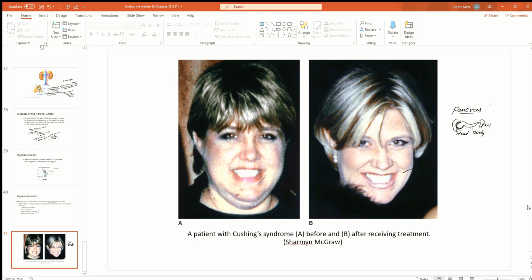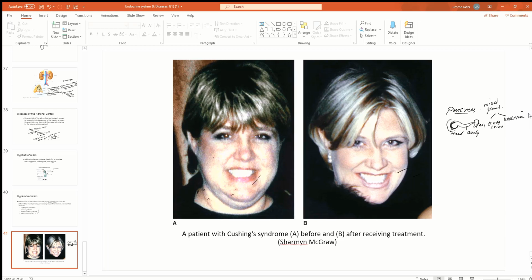Now pancreas is a mixed type gland, mixed gland. Why? Because it has both endocrine and exocrine parts. So it has both types of glands inside. Endocrine part of pancreas, since we are talking about the endocrine gland, releases two very important hormones, and they work just opposite to each other.